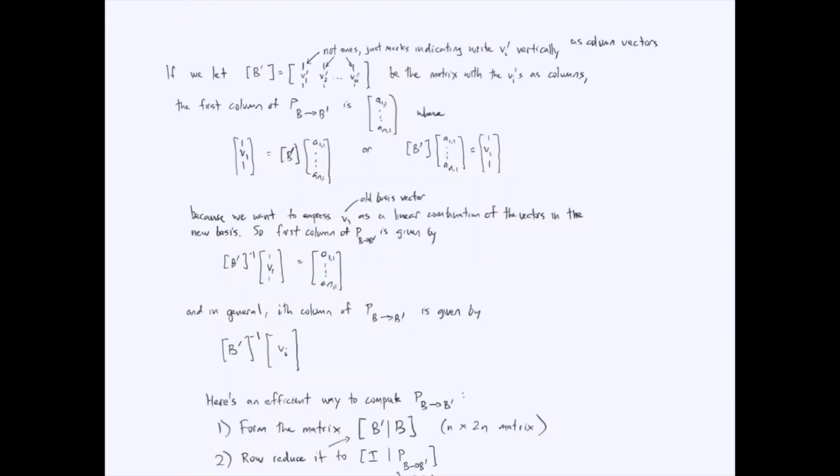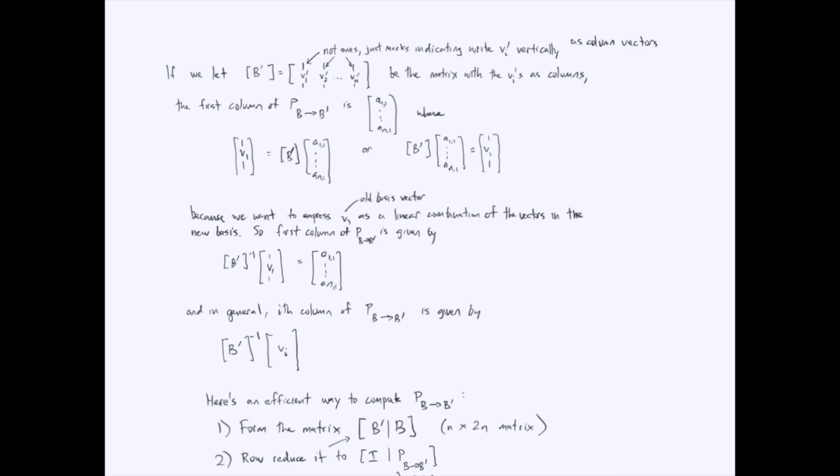So let B primed, with brackets around it, be the matrix formed by putting the vectors forming B primed into a matrix as columns. So these tick marks here are not ones, but they just indicate the vi primed as column vectors.